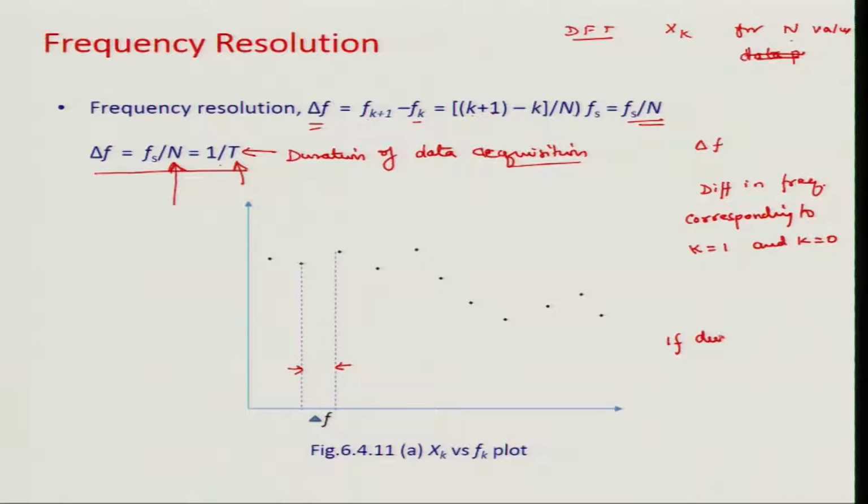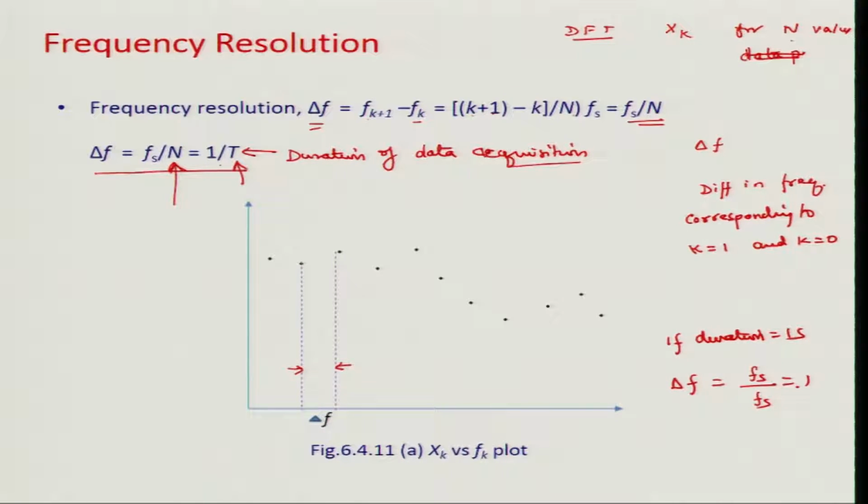So, if duration is 1 second exactly, then what will be the delta f? If duration equals 1 second, then frequency resolution delta f will be sampling frequency fs divided by the number of points, fs.